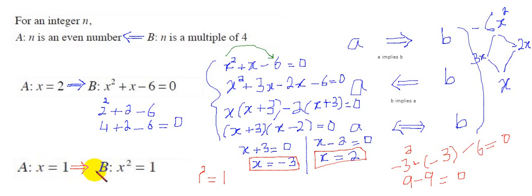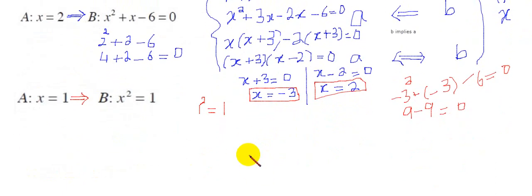So now the question is whether we can say that B implies A. Will it be true? Let's see whether it can be true or not. So x squared equals 1. Now we will find the value of x, not the x square. Let's see then whether it is 1 or not.